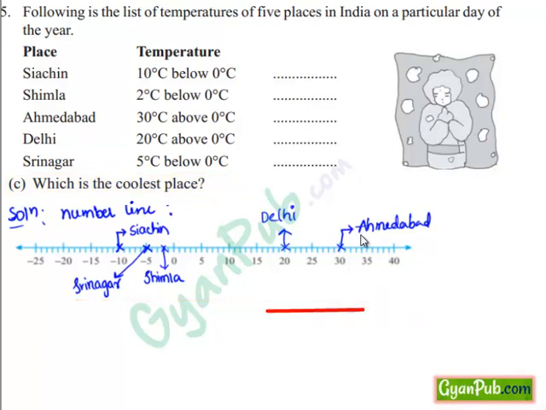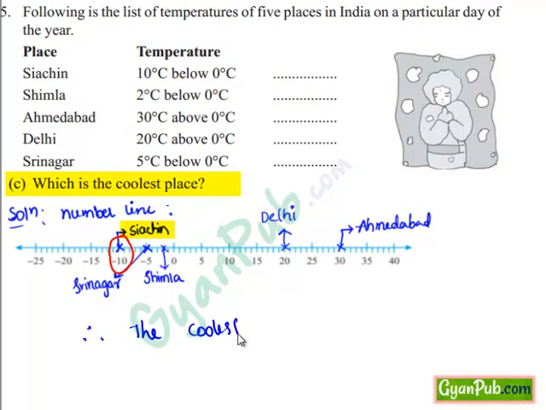As we move in right to left direction, numbers are in decreasing order. By observing this number line, minus 10 is the least integer on this number line. Minus 10 degrees centigrade temperature is Siachen's temperature. So, the coolest place is Siachen.